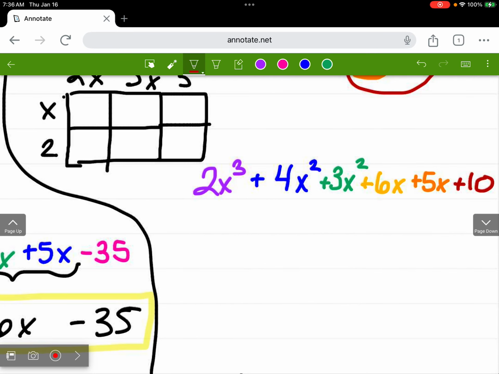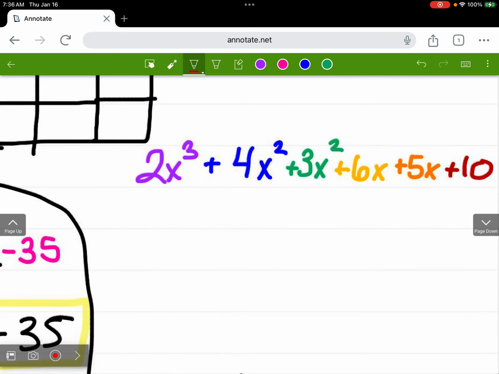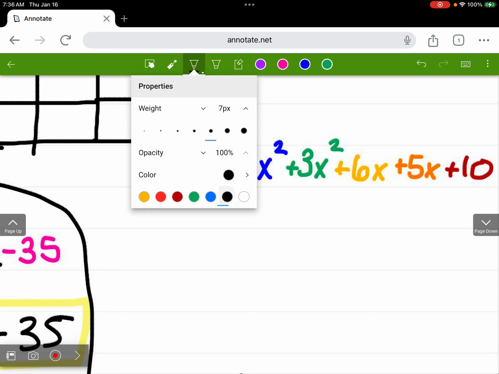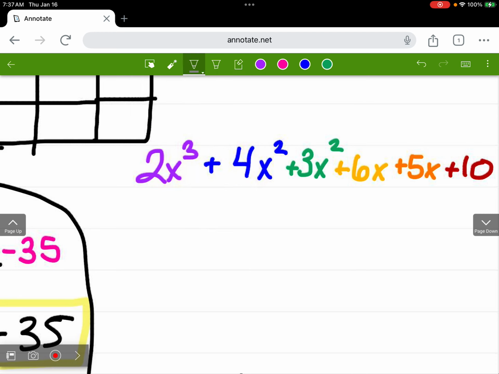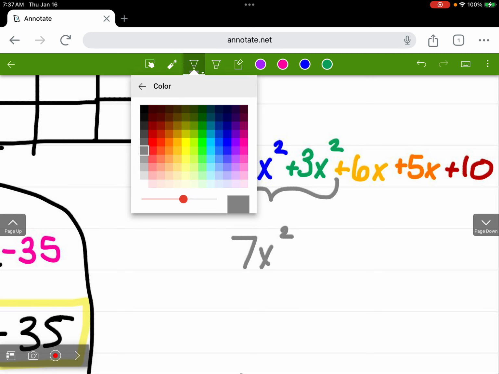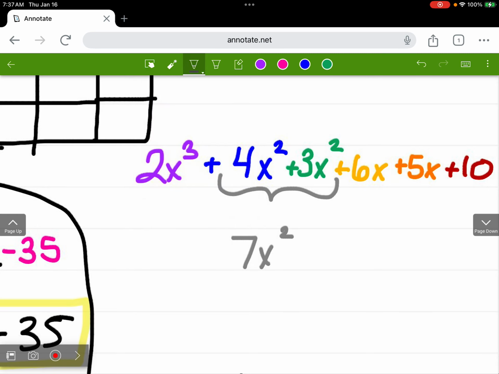Okay, so we multiply everything out, and then we need to simplify and combine some like terms here. I have in here a couple of sets of like terms. We have a couple of x squareds. So my 4x squared and my 3x squared give me a 7x squared. My 6x and my 5x combine together to give me 11x.